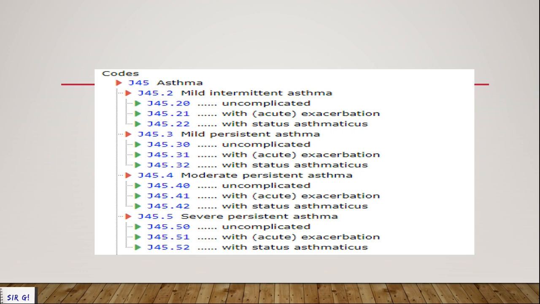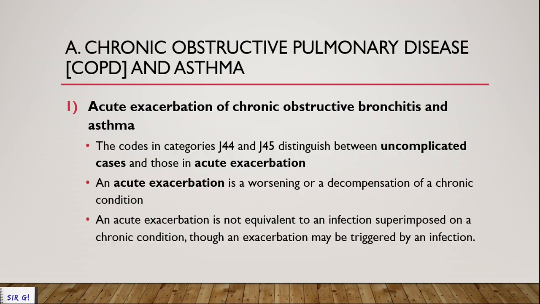Okay, this is just an introduction to our guideline, because we will now start discussing the chapter specific guideline for your Chapter 10, and this is the first one, chronic obstructive pulmonary disease, or your COPD, and your asthma.